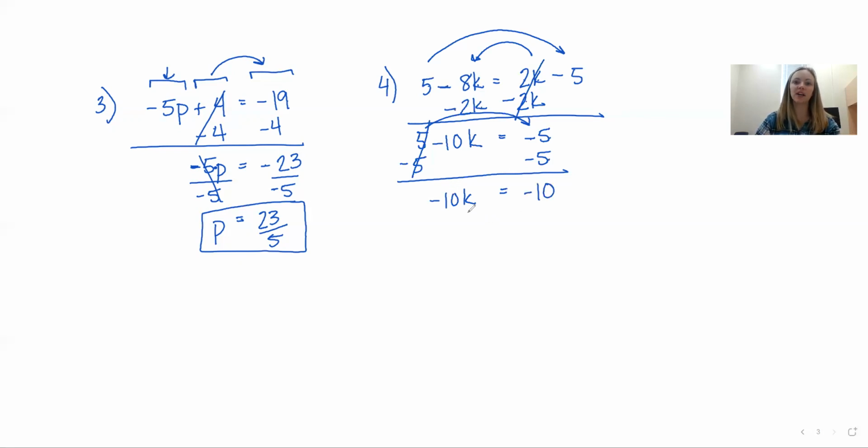Final step, we want to get rid of this negative 10 that's in front of the k. So we can go ahead and do the opposite of multiplication, which is division. So divide both sides by negative 10. Cancel out those negative 10s on the left. So we get k is equal to negative 10 divided by negative 10 is 1.